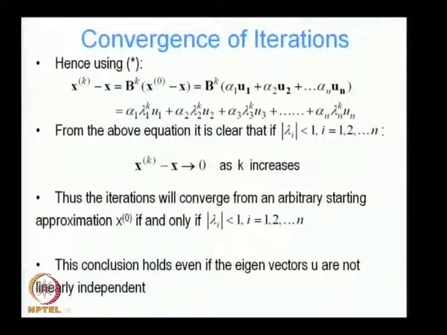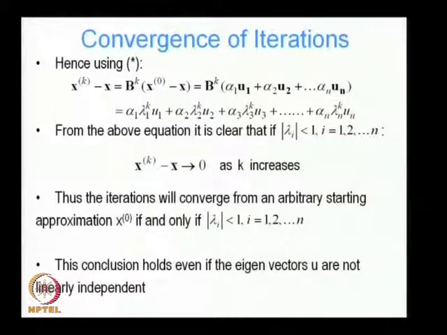What do I mean by spectral radius? It means that my largest eigenvalue must be less than 1. If my largest eigenvalue is less than 1, all my other eigenvalues are by definition less than 1. So, in that case I am going to get convergence to the true solution.